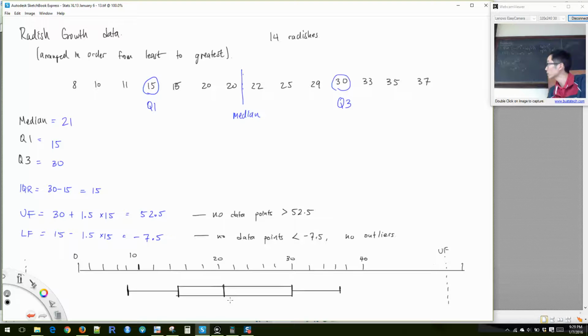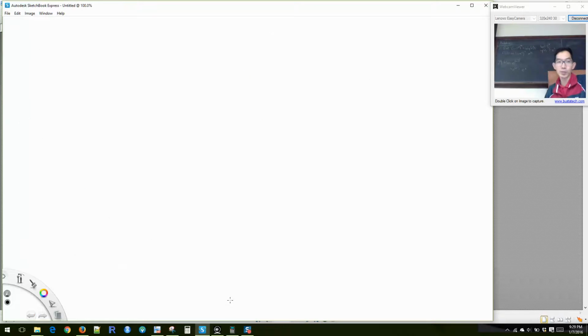Okay. We'll go back to numeric summaries, and so we talked about the mean and the median as far as numeric summaries go, and we have some numeric summaries that measure spread.